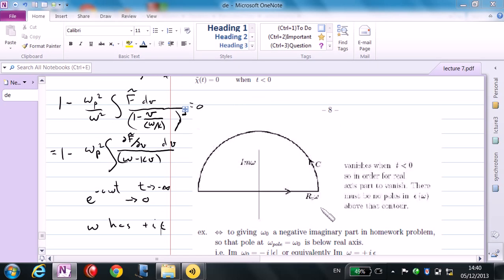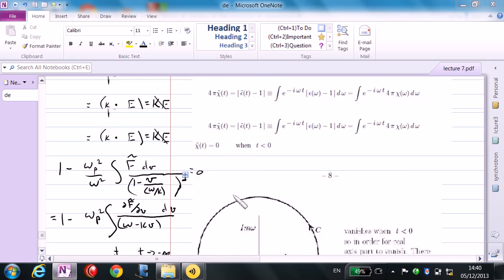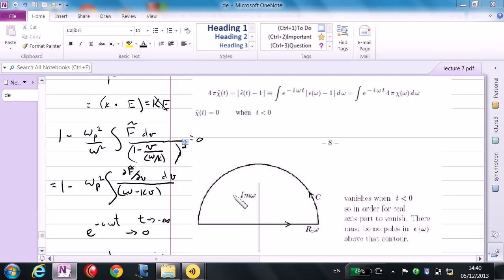Now, I'm not sure this is coming out right, but epsilon of omega minus 1 should not have any poles in the upper half plane, and should fall faster than 1 over omega.